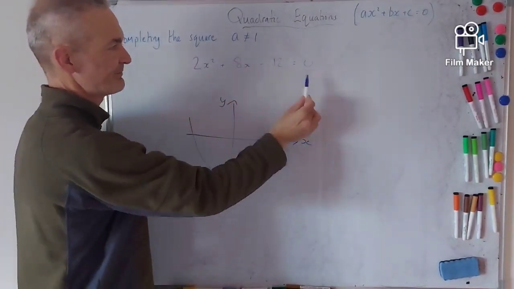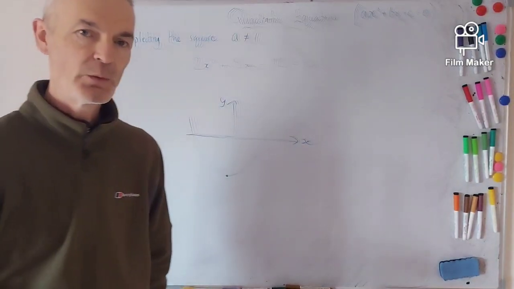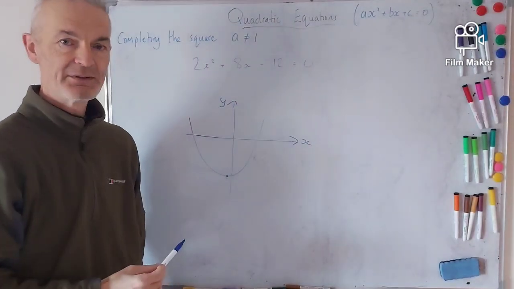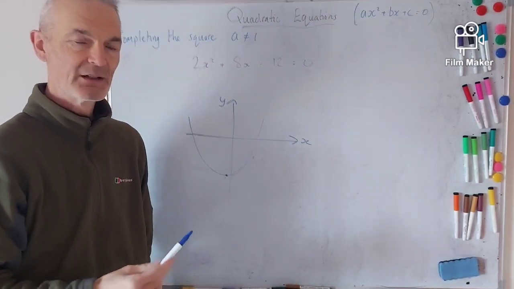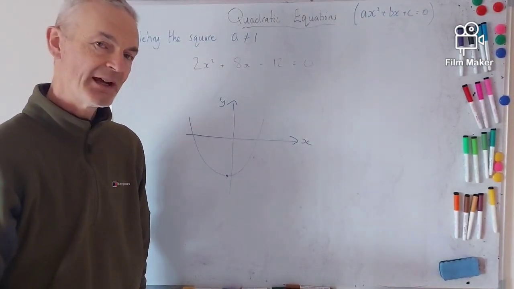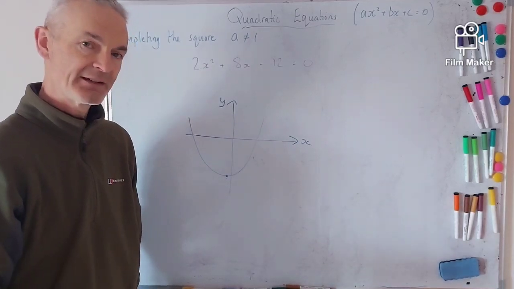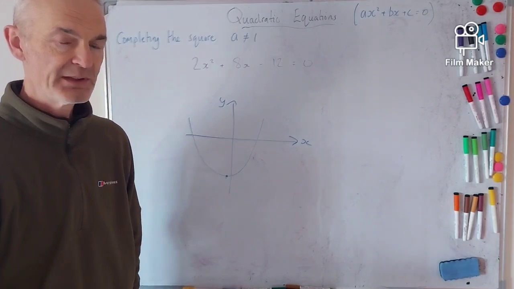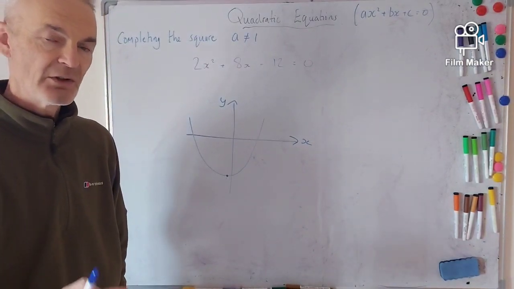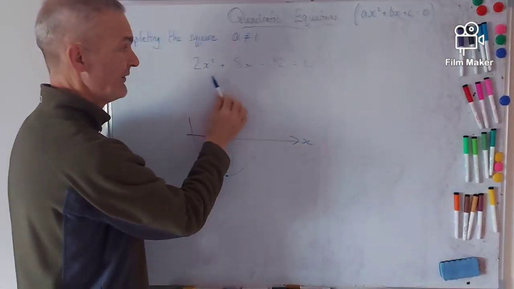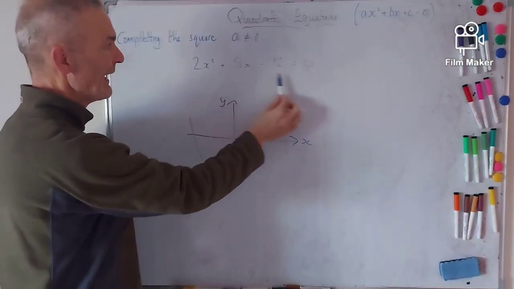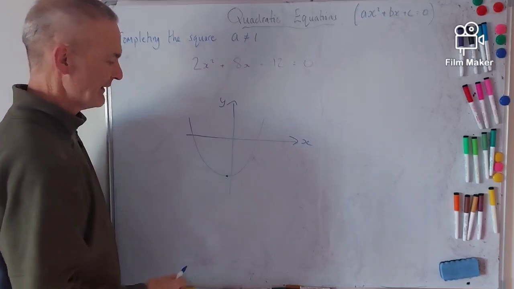Now, when you look at this quadratic, you might think, ooh, I can divide this all by 2 to make my life a little bit easier. Well, if you're completing the square, you don't want to do that. If you're just solving it, that's okay. But if you're completing the square, it will not give you the right answer if you divide through by 2 first. In this case, we would divide by 2.